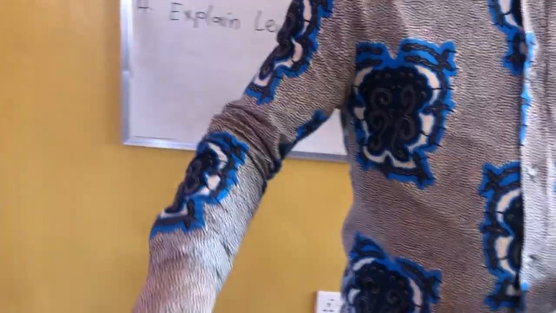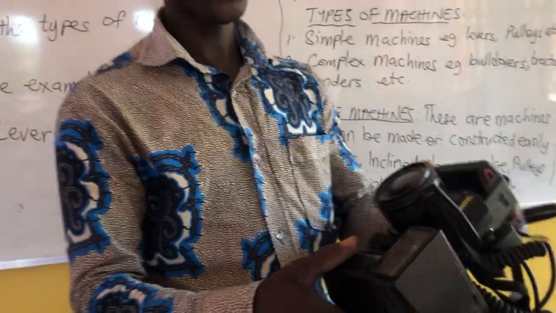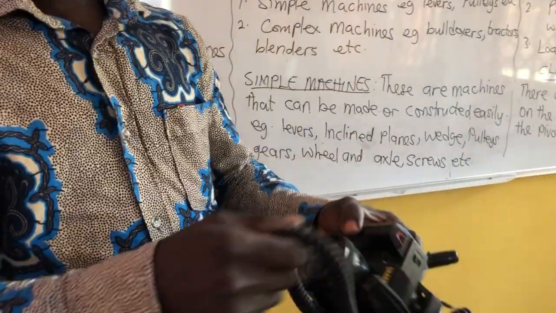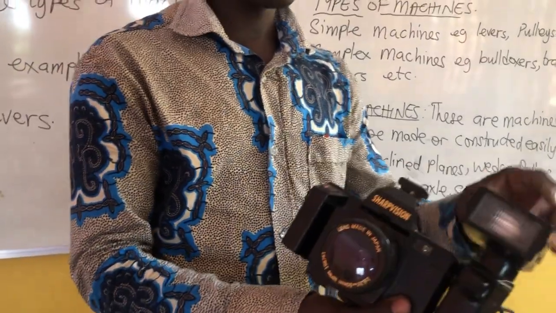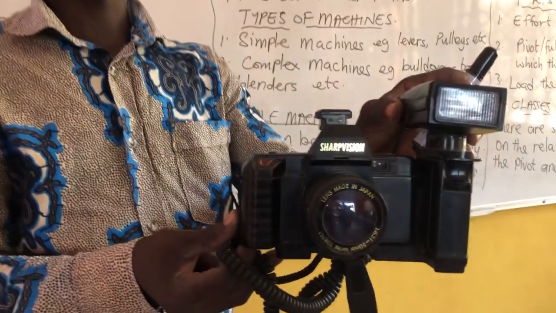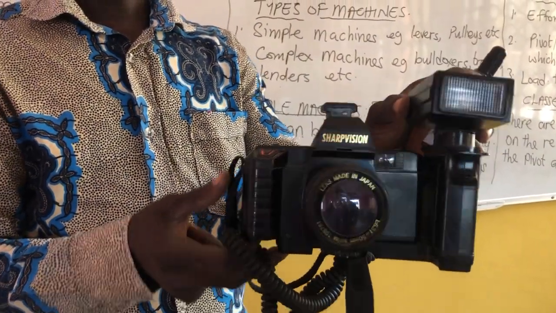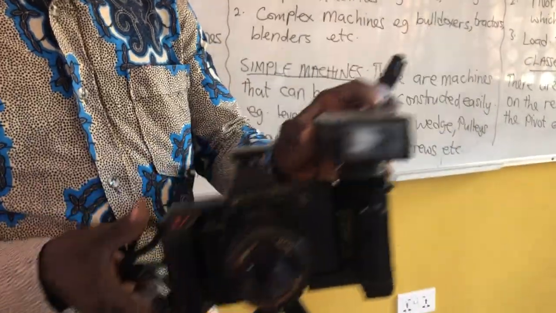Now we are also going to talk about the various tools or machines. This is a camera, as you know, and this is not a simple machine as you can see. This is a bit complex machine, so we are going to talk about it as well.